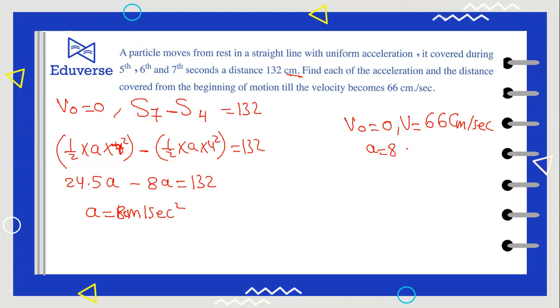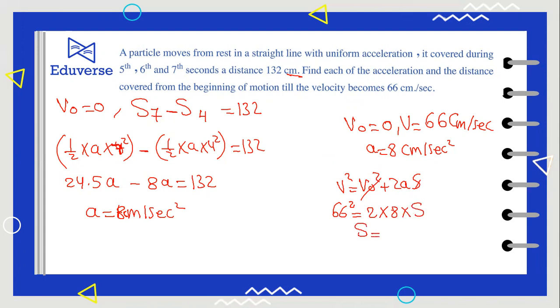Acceleration is 8 centimeters per second squared. Then V squared equals V naught squared plus 2AS. V squared is 66 squared, equal to 0 squared plus 2 multiplied by 8 multiplied by S.